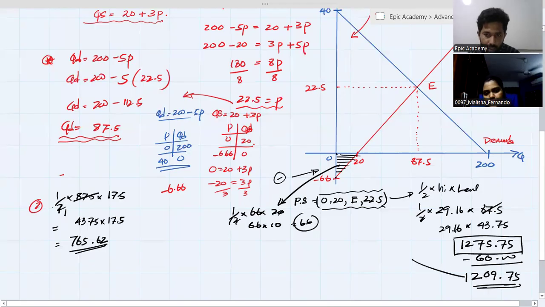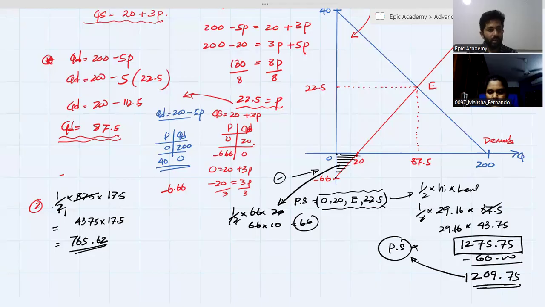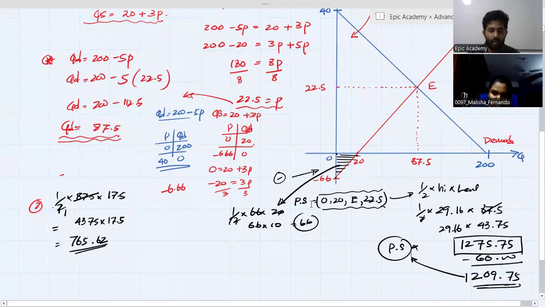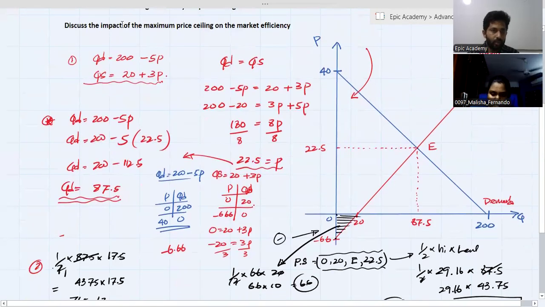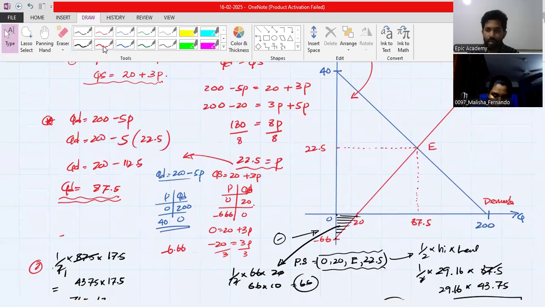We can say that this must be the producer surplus. This is the producer surplus. Okay, we already calculated. And now we have to calculate another thing. Now we can decide what the maximum price will be, isn't it? Yes. So just consider, I'm going to put the maximum price as just 10 rupees. Okay, 10 rupees.